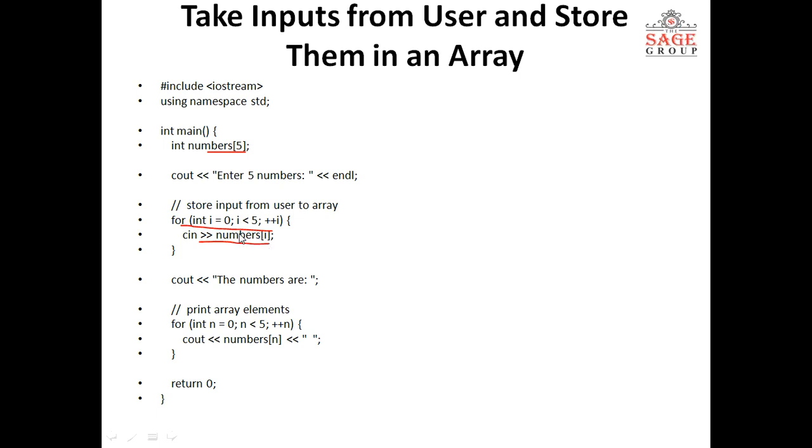Each input will get stored in that memory location, and it will take a total of 5 inputs. Whatever input you give from the command prompt will get stored here itself. And we know that we are going to print all the elements that reside inside this array. Fine.